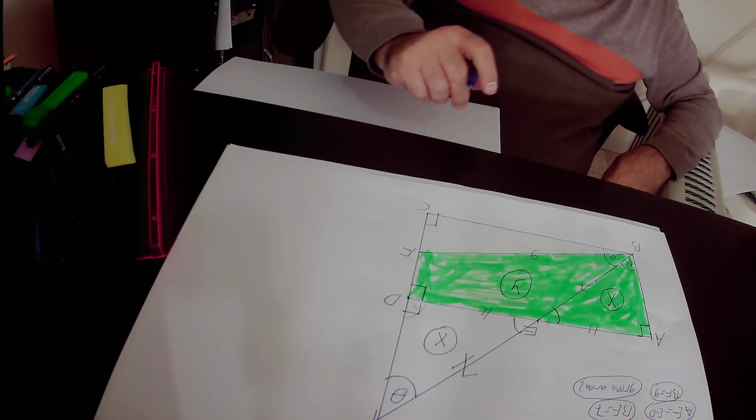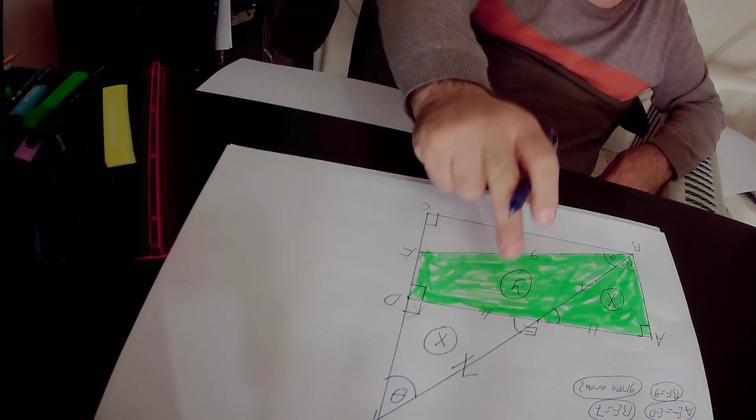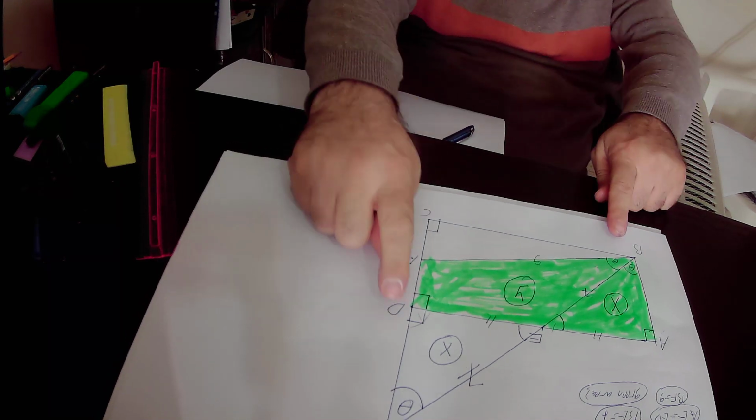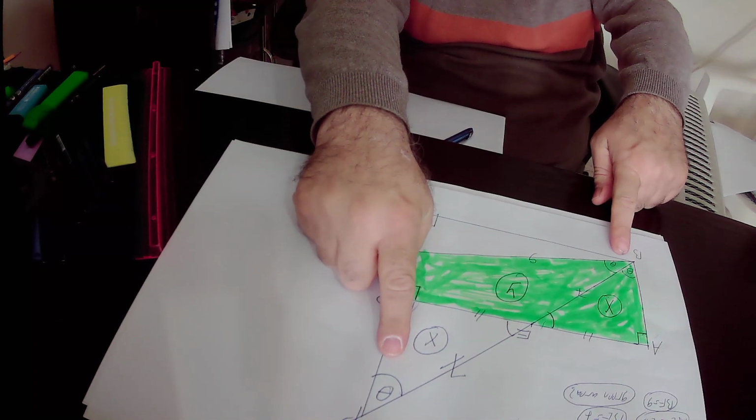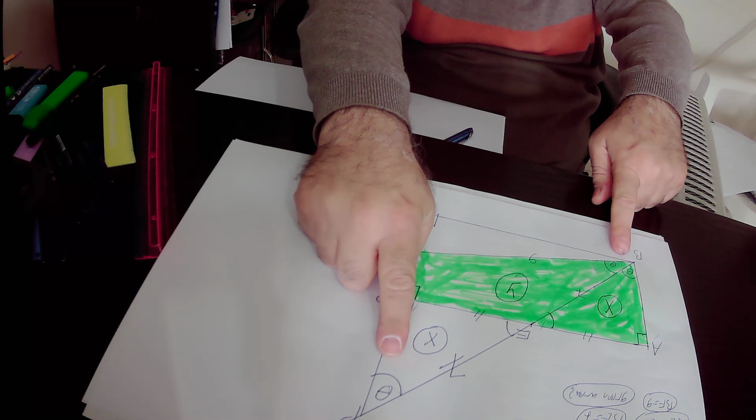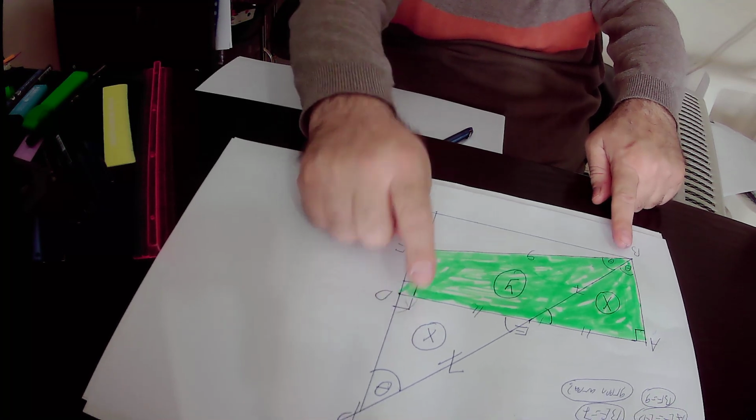Triangle BPF is an isosceles triangle because it has two angles that are equal to each other. Both those two angles are equal to theta. Therefore, triangle BPF is an isosceles triangle.